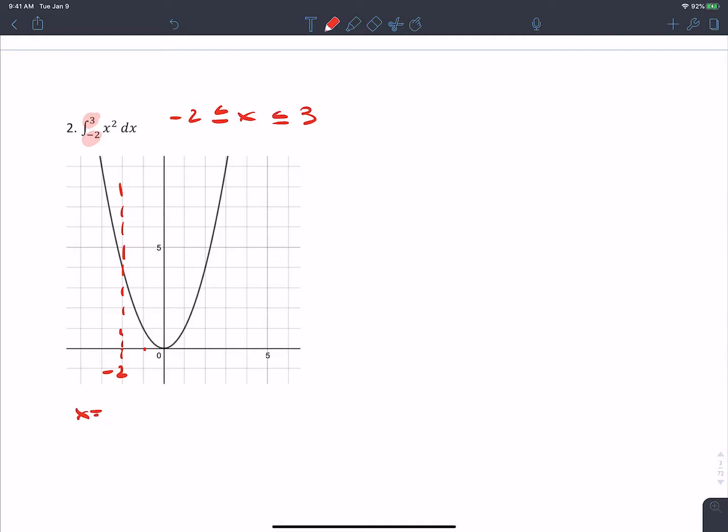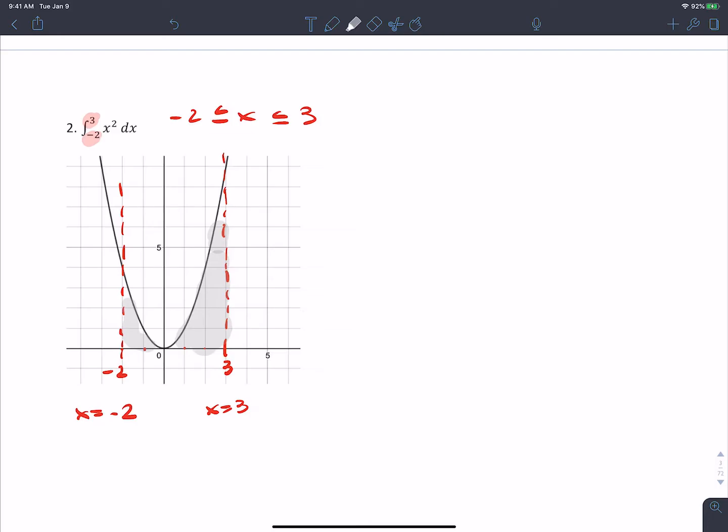And so yes, this is the vertical line, x is -2. And the other, we have 1, 2, and 3. So this is the vertical line, x is 3. So the area under this curve here is going to look something like this. Okay, so we're going to find that area.